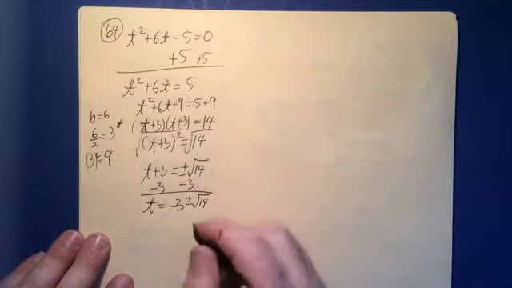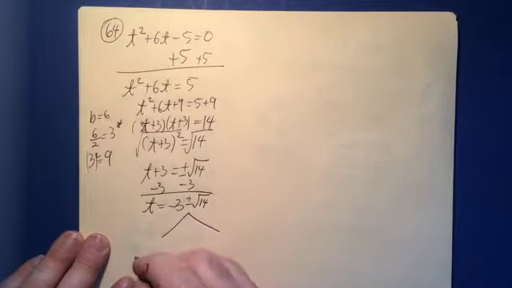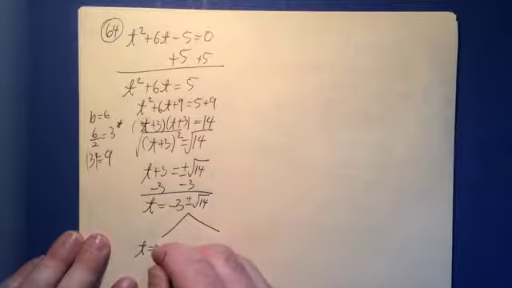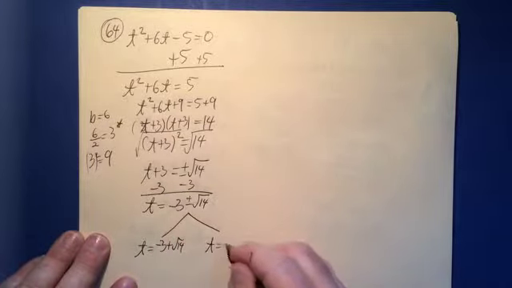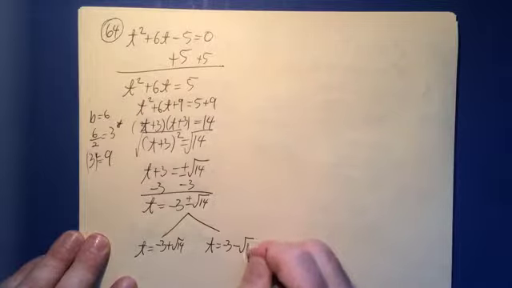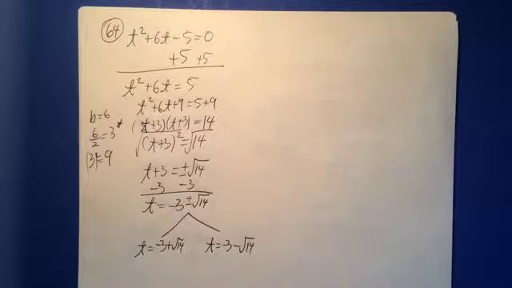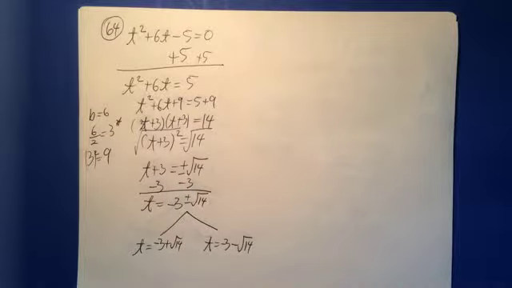Another way to write this would be to separate this out as t equaling negative 3 plus radical 14, and then t equaling negative 3 minus radical 14. So you may be asked to write the solution this way. You may be asked to write it as two separate solutions. Just depends on whatever the question is asking you and what you're asked to do in MyMathLab.